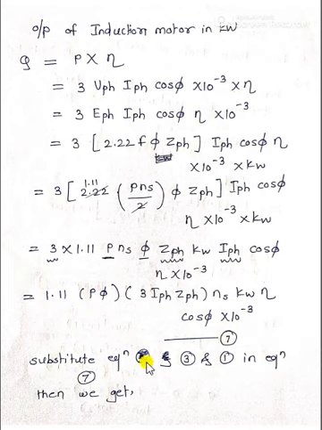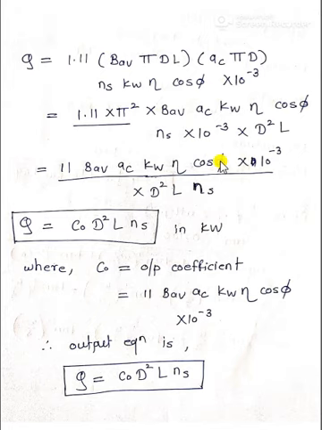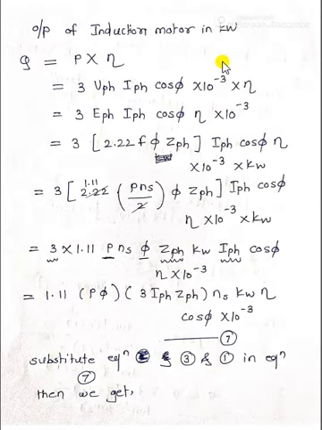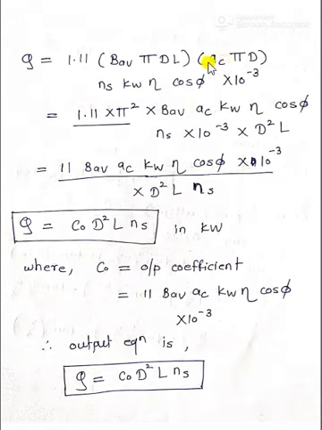Now substitute equations 3 and 1 in equation 7, then we get, as we know, P phi means total flux, and this we can substitute as B average pi d L, then 3 times I phase Z phase means stator current, that we can substitute as ac pi d. So this is our new equation.